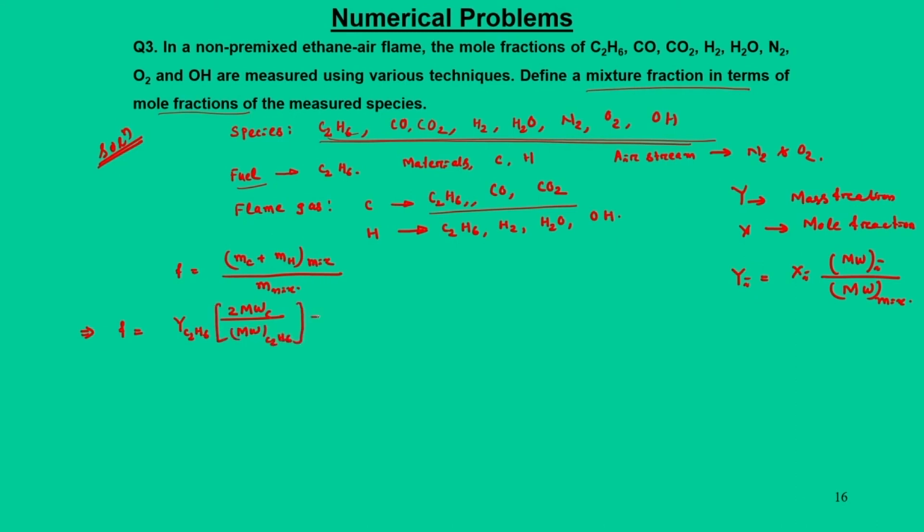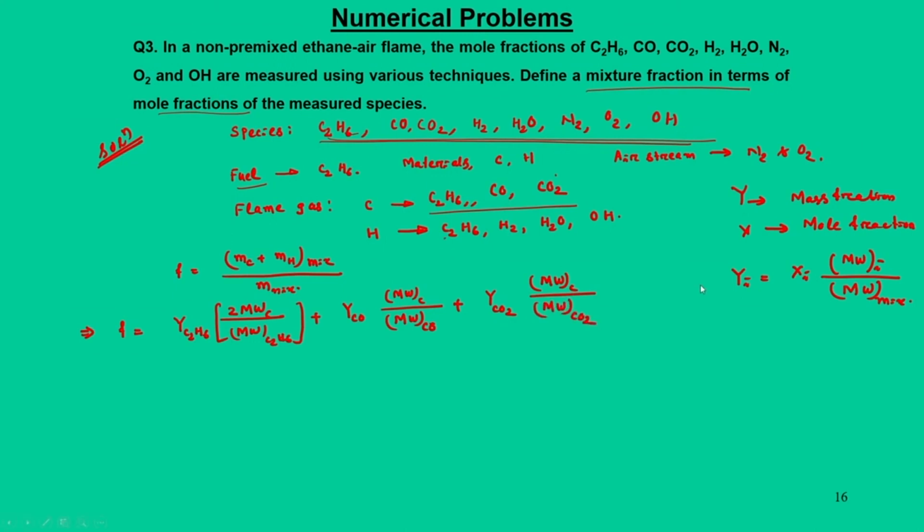For the second term we write Y CO. Since there is 1 mole, we say MW_C by MW_CO. Then CO2 is also present, so we write Y CO2, which contains 1 mole, so molecular weight of carbon divided by molecular weight of CO2.